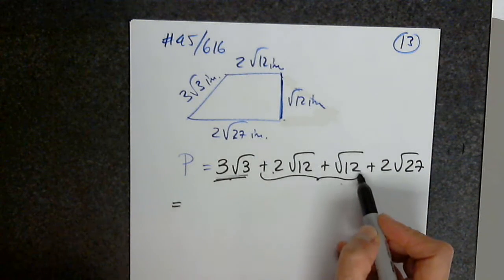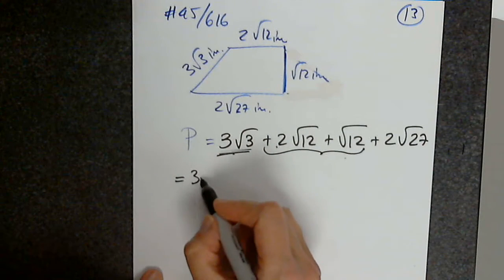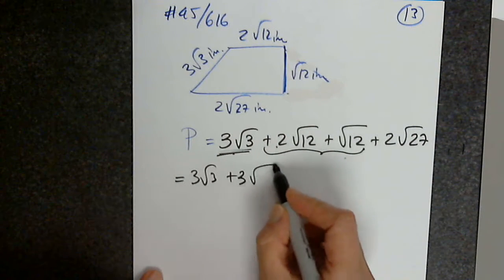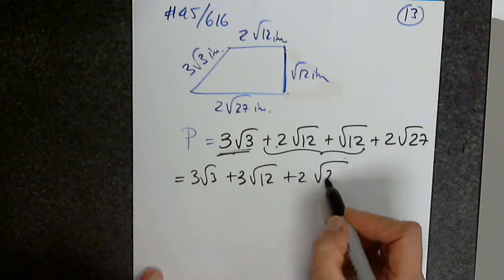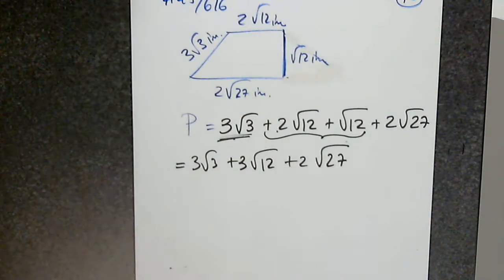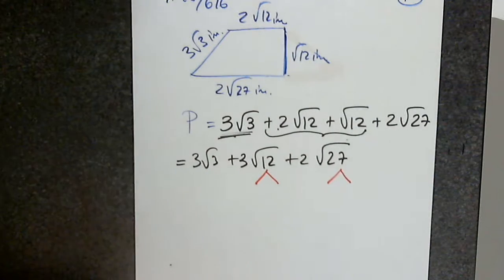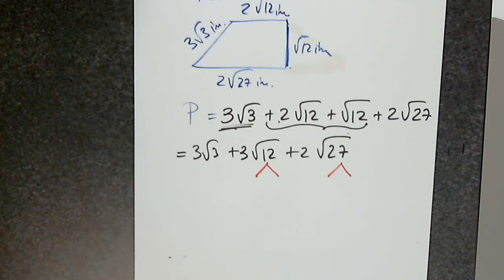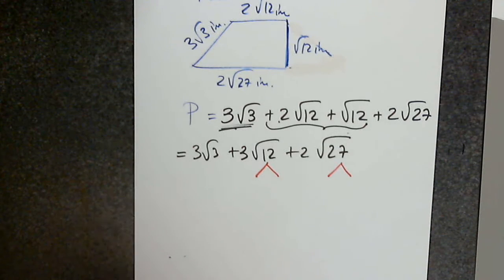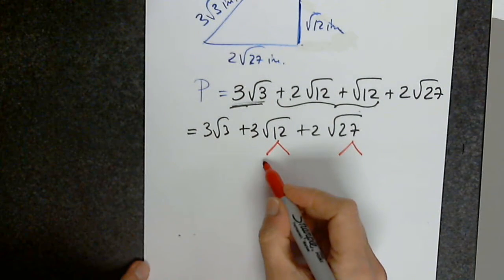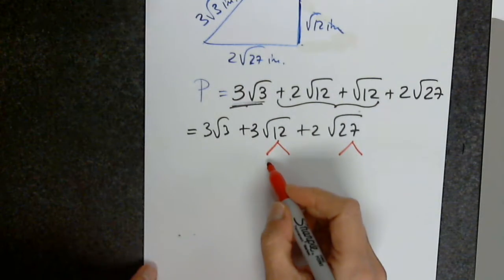Here, I will combine these first. So 3, the square root of 3, plus 3, the square root of 12, plus 2, the square root of 27. Now I will look at the second radical, I will look at the third radical, and I will split it. How? Yes.